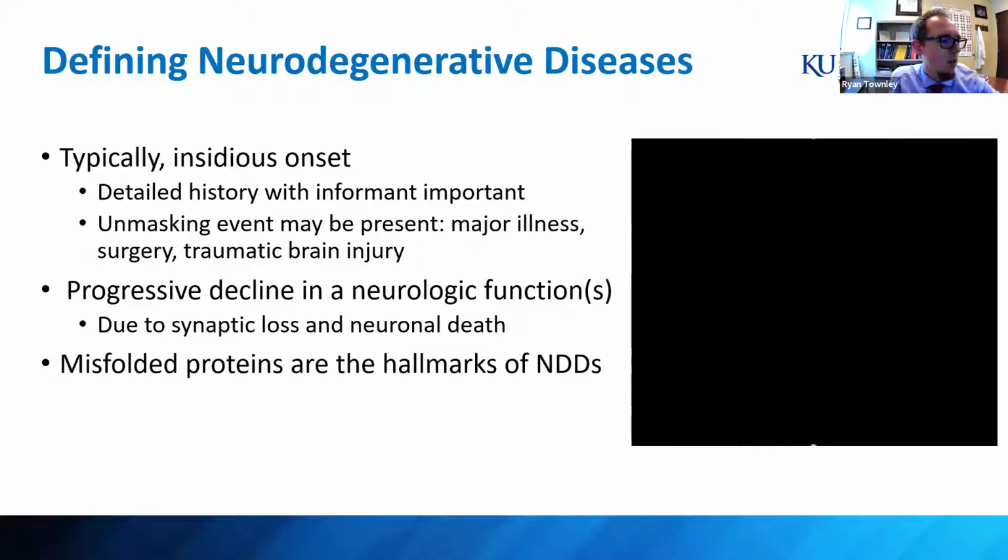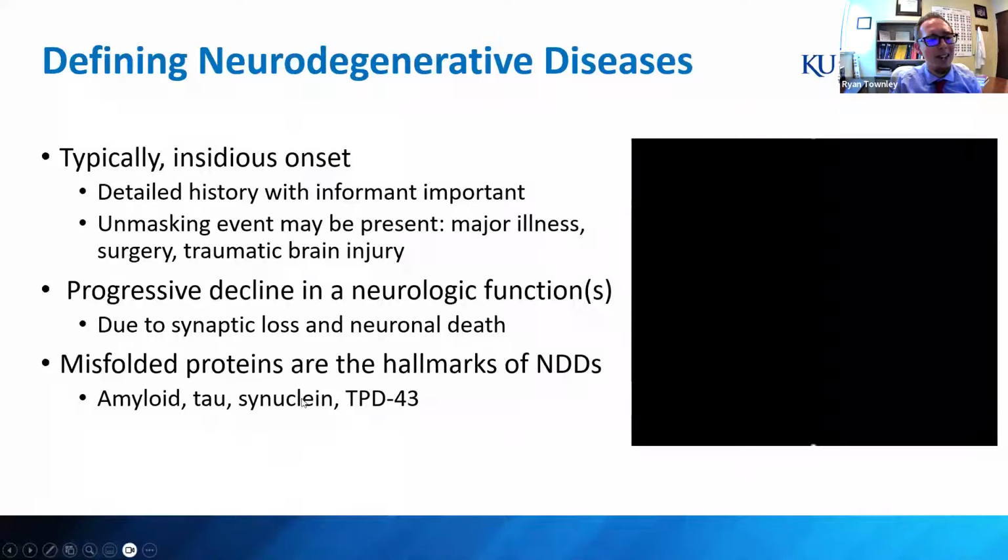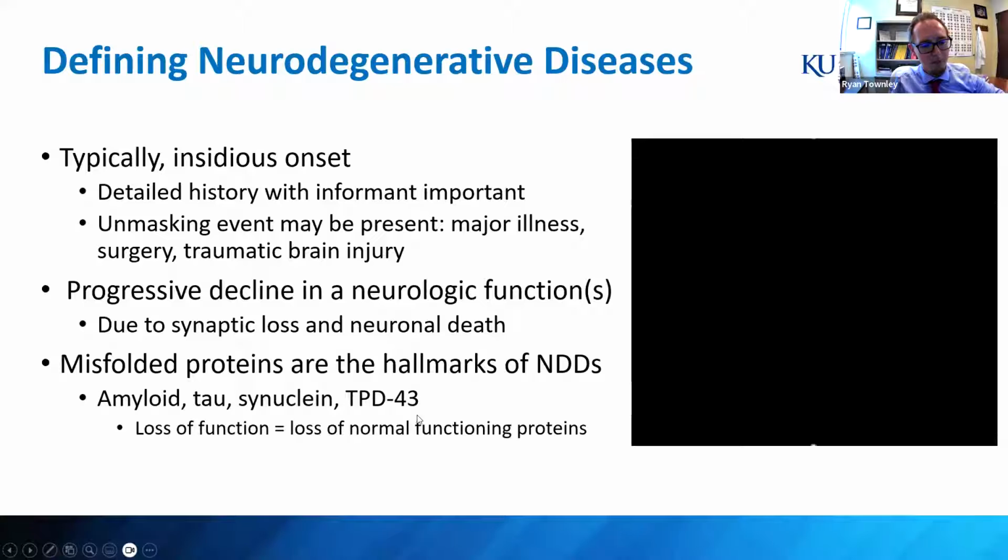So, the reason why is still not entirely understood, but the general consensus is that in all of these diseases, we find misfolded proteins within the brain cells: amyloid and tau being the ones that are commonly seen in Alzheimer's, alpha-synuclein being the one seen in Lewy body disease, and TDP-43 being the one seen in half of frontotemporal diseases.